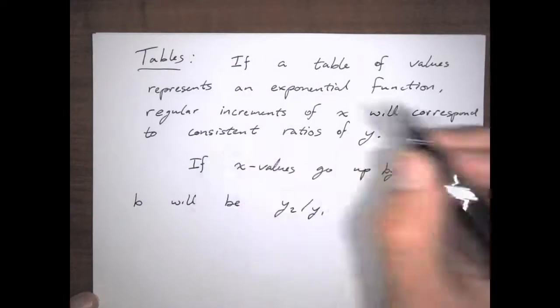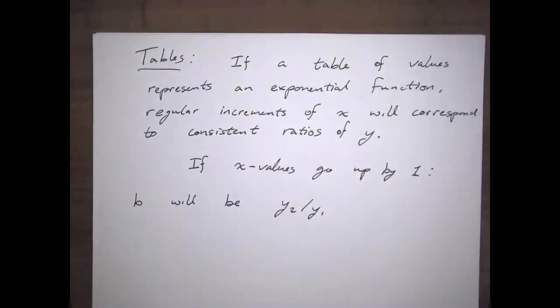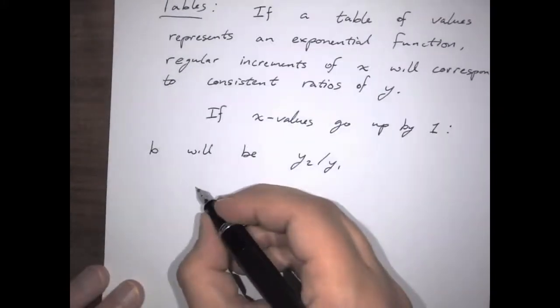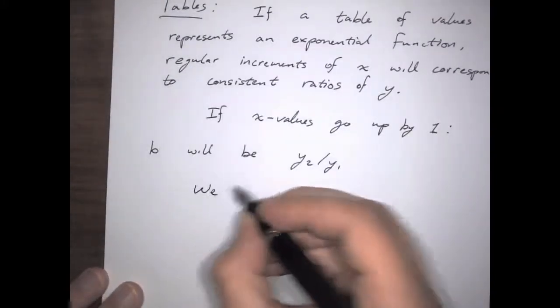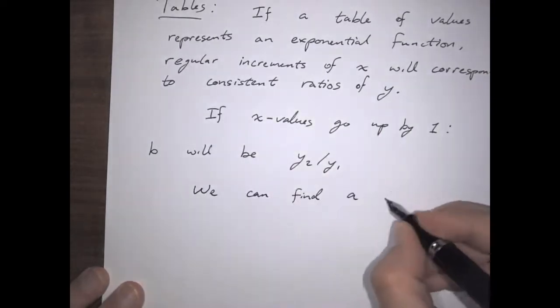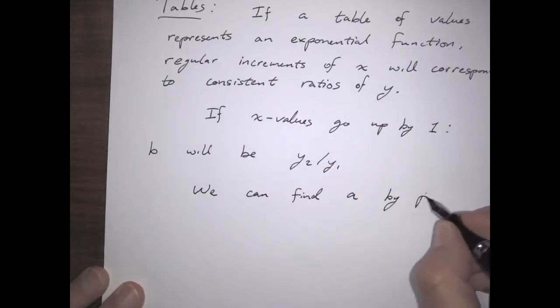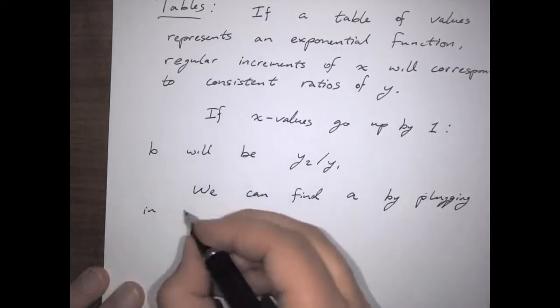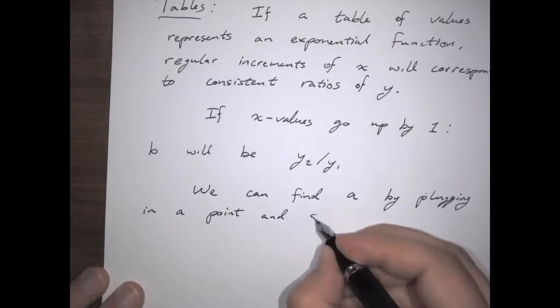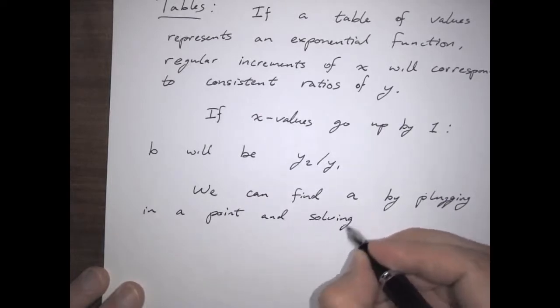If the x values go up by anything other than 1, then you can just basically use the same approach as we did with the points, but the problems that you'll be seeing will have x values going up by 1. Then we can find a by plugging in a point and solving.